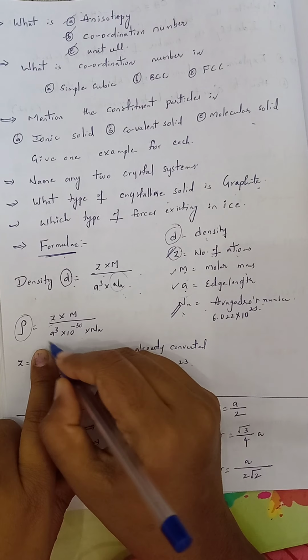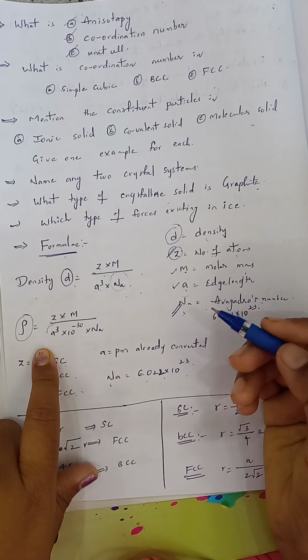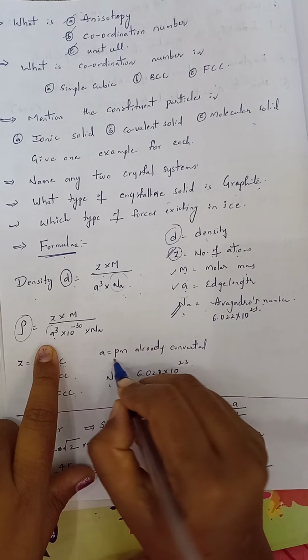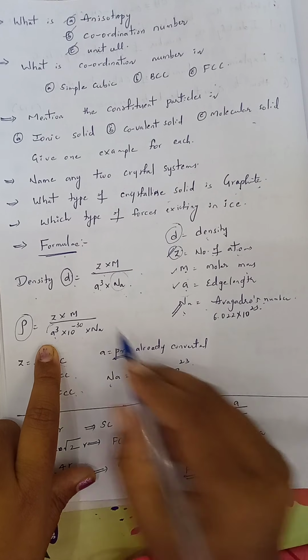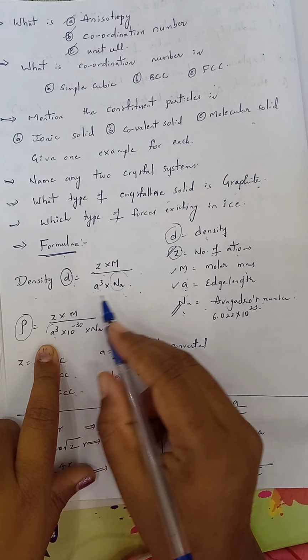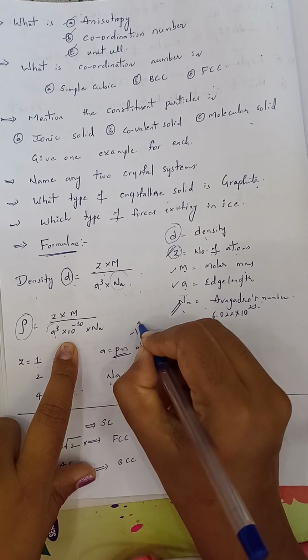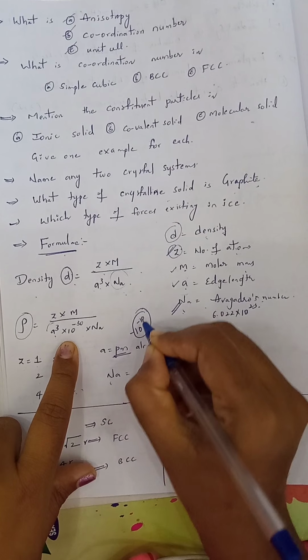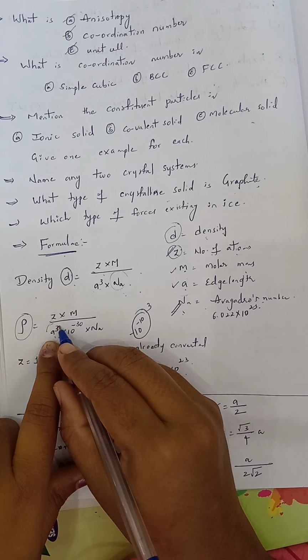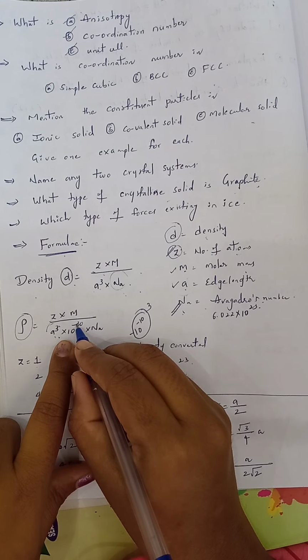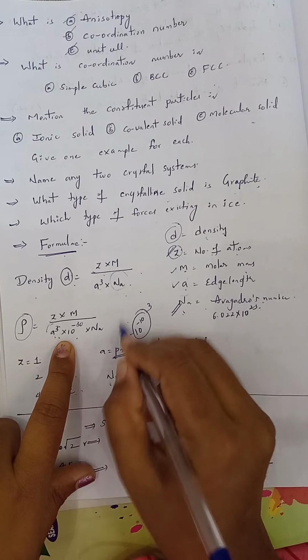A cube sometimes will be given in meters or picometers. If A is given in picometers, to convert A cube into centimeters, you want to multiply it with 10 to the power of minus 10. So anyhow we want to cube it. So A cube into 10 to the power of minus 10 cube is nothing but 10 to the power of minus 30.